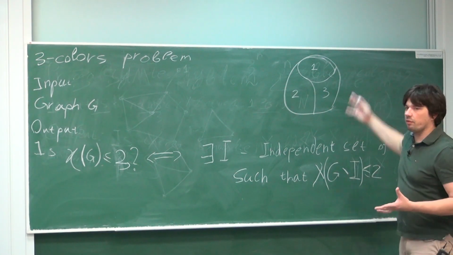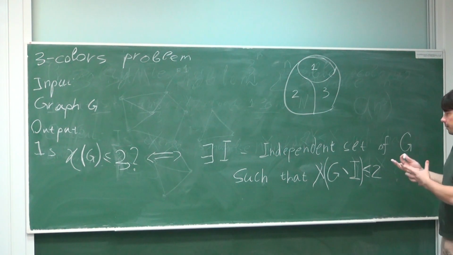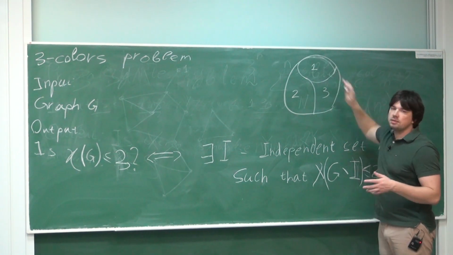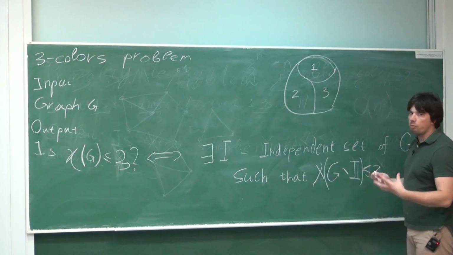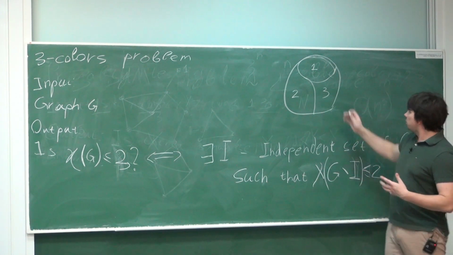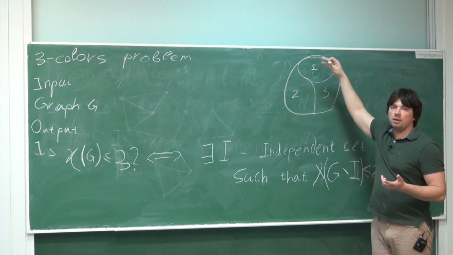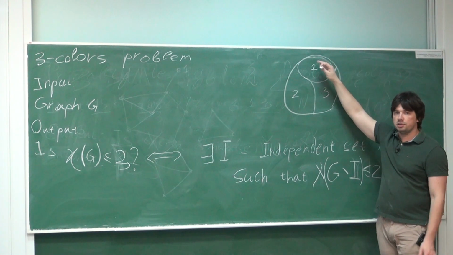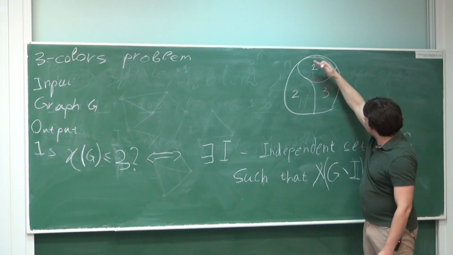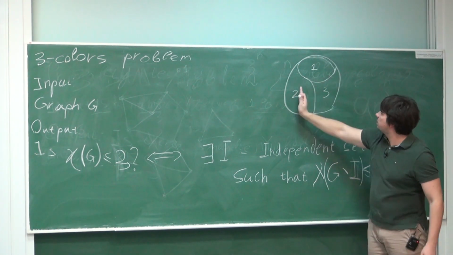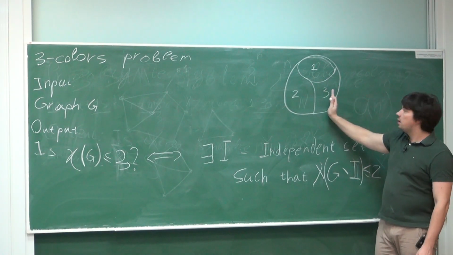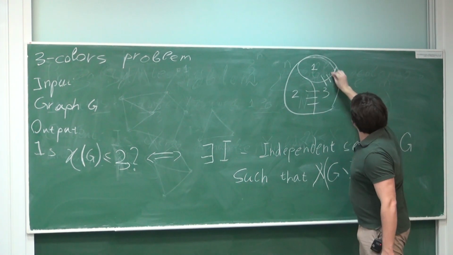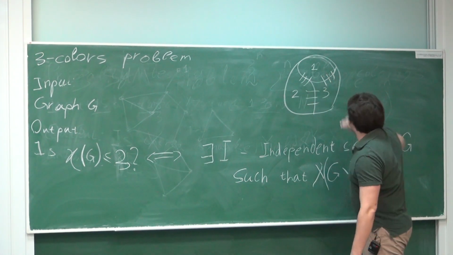Each consists of nodes with that color, and the definition of a properly colored graph means that there are no edges between the nodes in each part, right? So there are no edges inside this part, no edges inside this part, and no edges in this part, so all the edges go only across those borders.